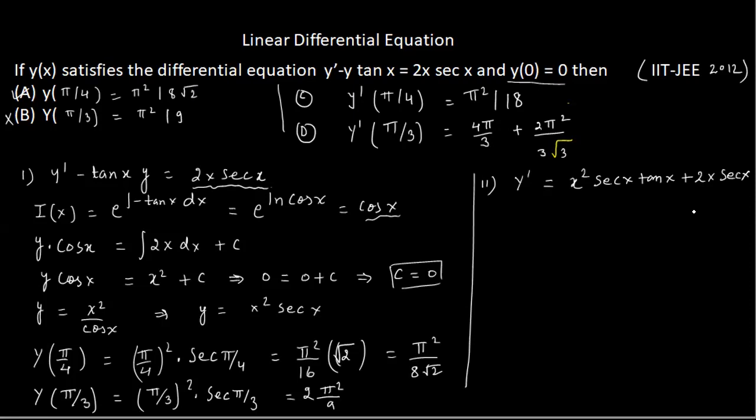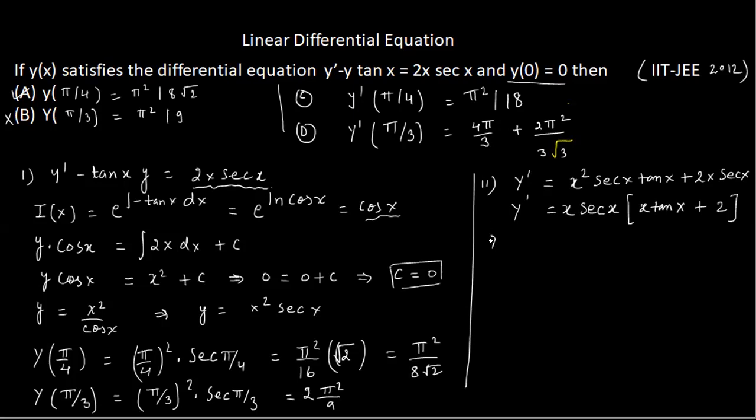Here 2x is simply the derivative of x square. Now we can say x into sec x is common. So what is left is x tan x plus 2.